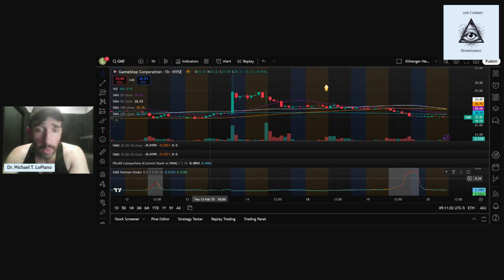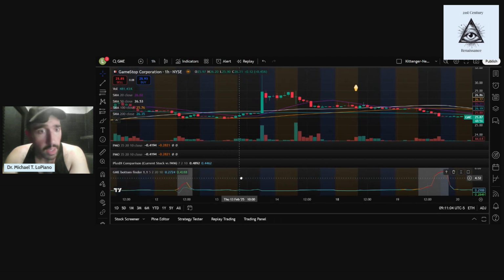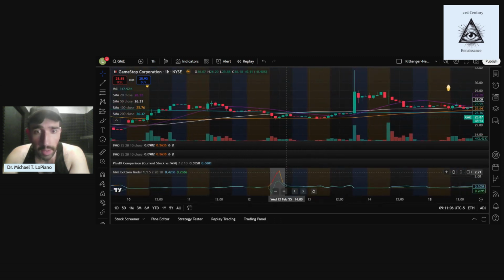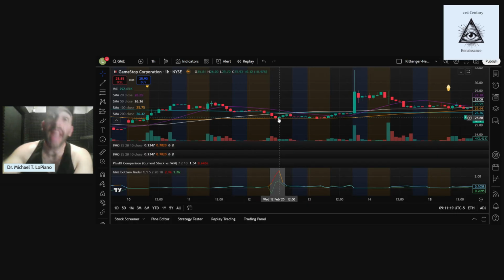So for example, if we look at the 1 hour here, the bottom indicator did go ahead and give a very strong signal that the bottom had been reached right when we kind of tucked right below 25.70 there, right on the 12th of February. So the day before this really big candle happened after hours.